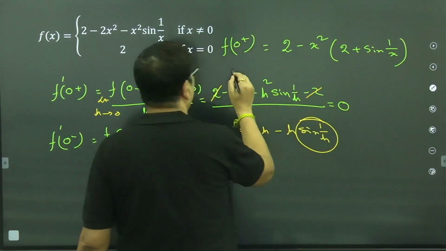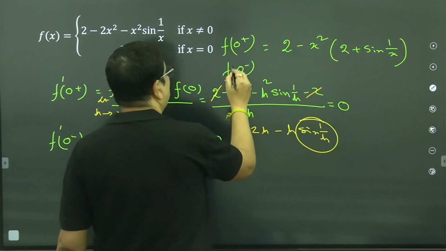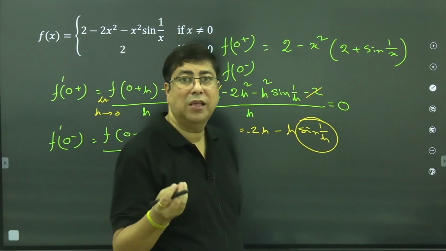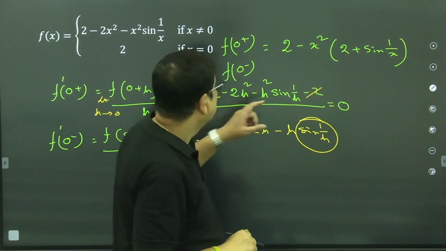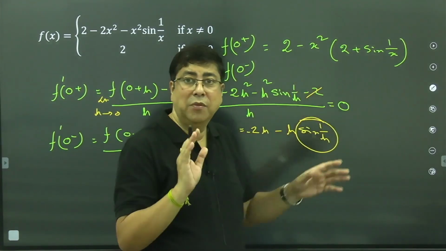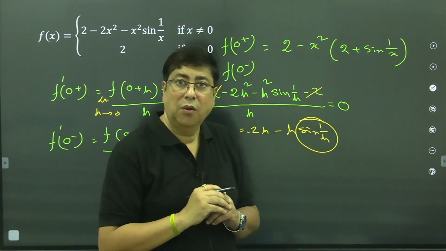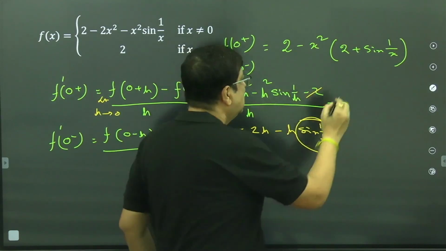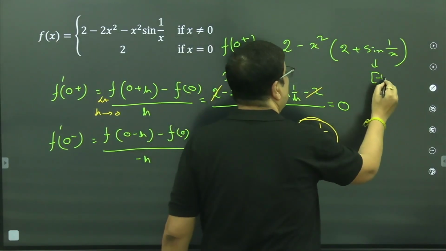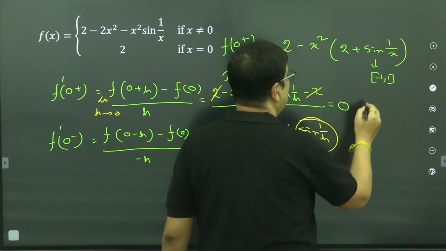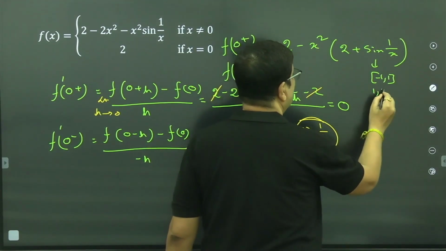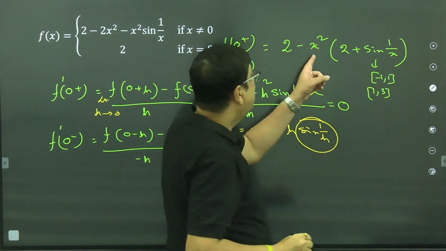Whatever I am telling you, x tends to 0 plus or 0 minus, I am checking the right and left hand limit. Sine 1 by x lies between -1 and +1, so 2 plus -1 to +1 means 1 to 3, multiplied by x square.